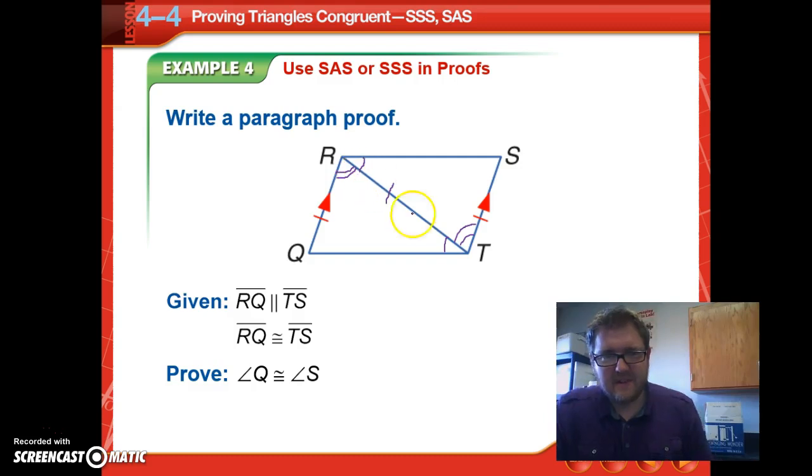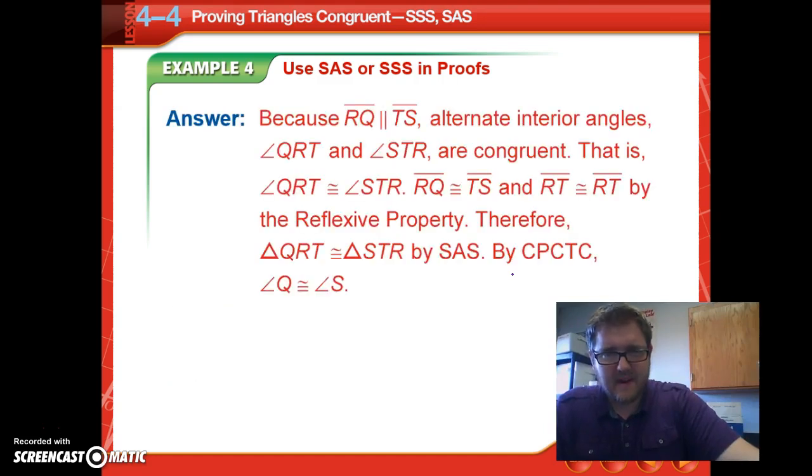So just to see that written out as a paragraph, because RQ and TS are parallel, alternate interior angles. So those alternate interior angles we pointed out have the same measure. So RQ and TS, and RT and RT are congruent by the reflexive property.